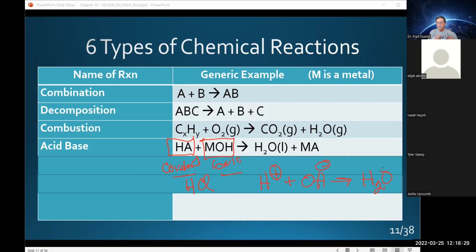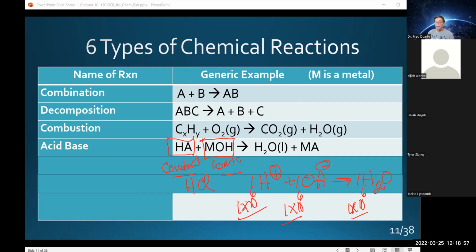Now, the takeaway from this is the following. It's a 1-to-1 ratio. One proton requires one hydroxide to give me one molecule of water. If I have 10 to the 6 proton ions, I need 10 to the 6 hydroxide ions, which will give me 10 to the 6 molecules of water.